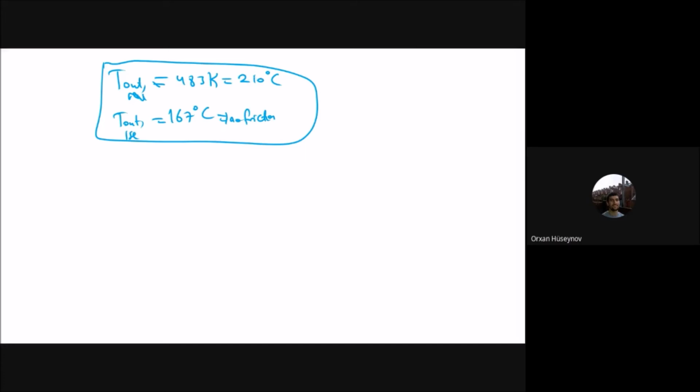Therefore, you have a much higher temperature due to friction. Friction adds more temperature because of viscous effects. But since here there is no viscous effect and it is frictionless, you have the isentropic case, and you have less temperature.